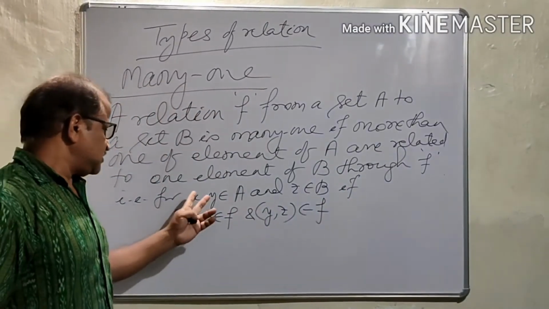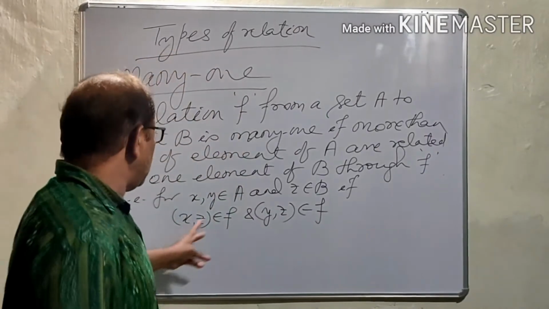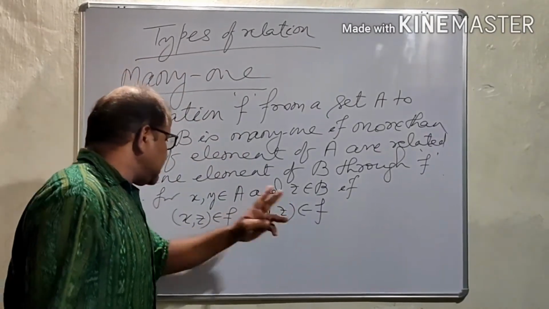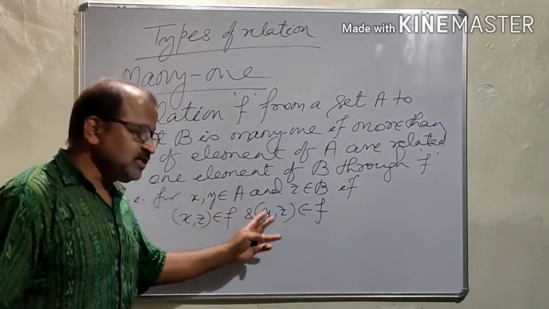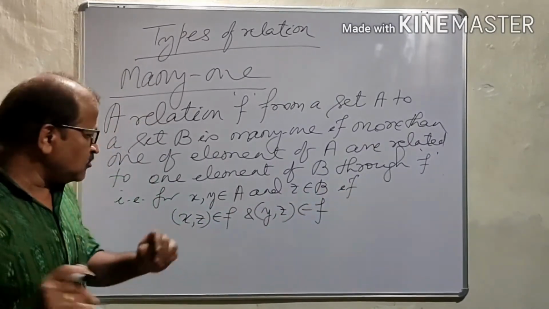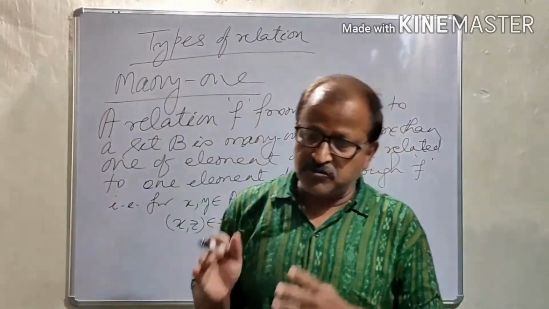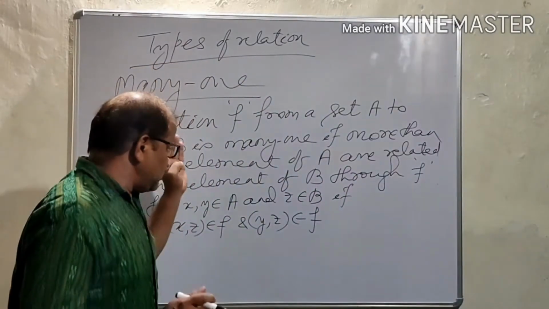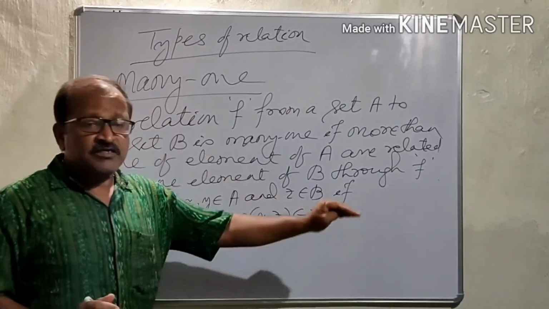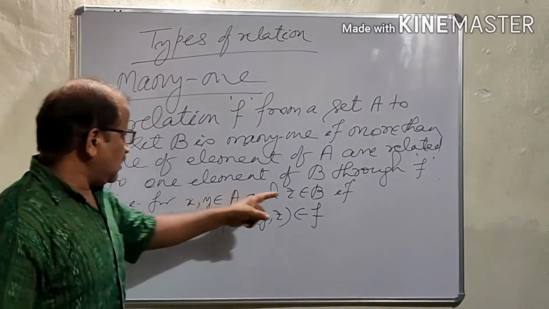Two elements x and y are in A which are related to a single element, that is z. Not only two, you may relate more than one element, it may be 2, 3, 4, 5, 6, but they are all related to a single element of B.